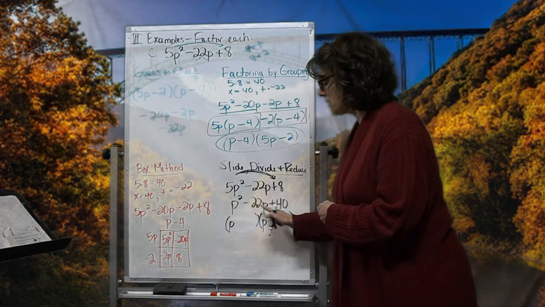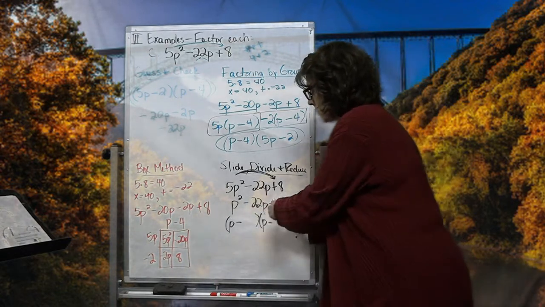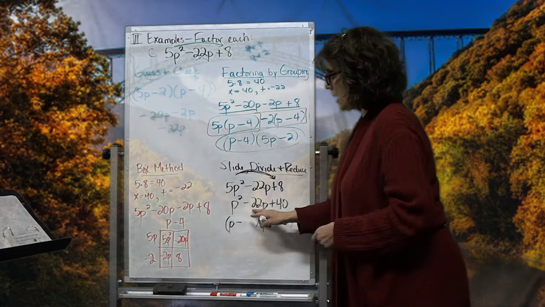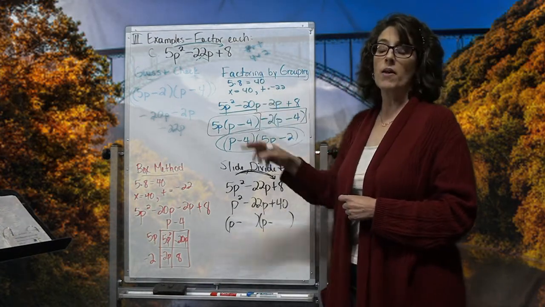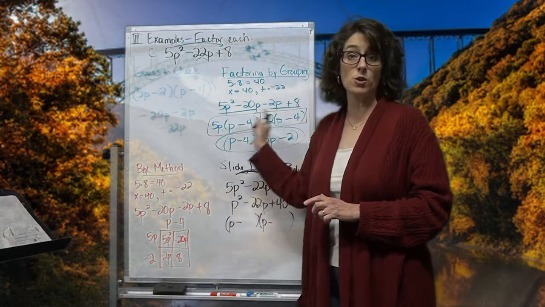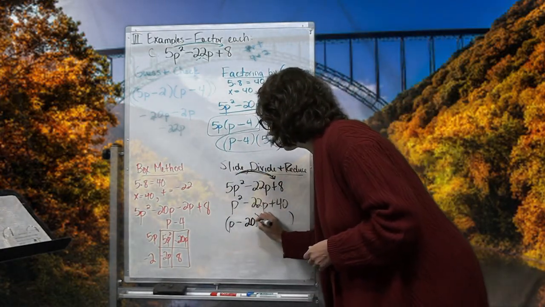And these signs are going to be the same, both minuses. This is all sounding very familiar. Two numbers that multiply for 40. Oh, there we go. And they're going to add up for a negative 22. There we go. See, it's these same number combinations. It's just different ways to get to those number combinations. So yet again, that's going to be a minus 20 and a minus 2.